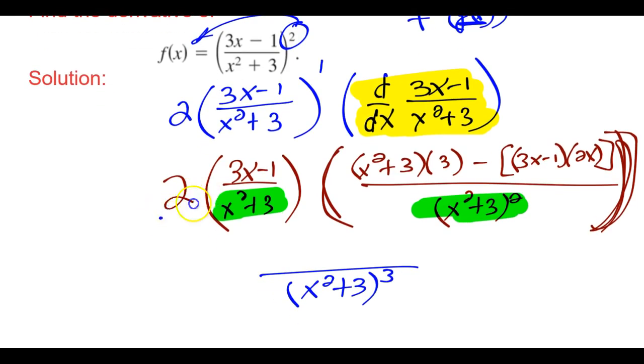Up top, I've got 2, I'm going to leave it, 2 times 3x minus 1, because that's in factored form. I'm going to try to clean this up just a little bit in here.